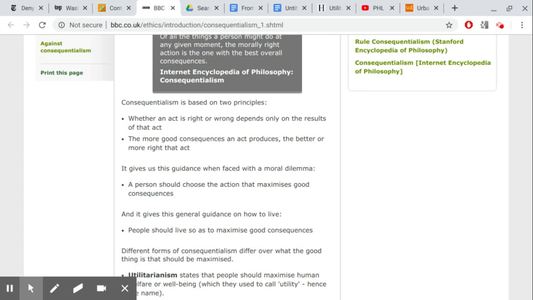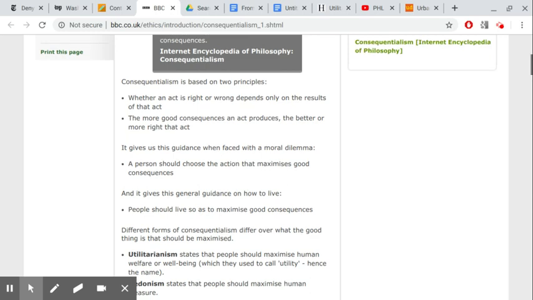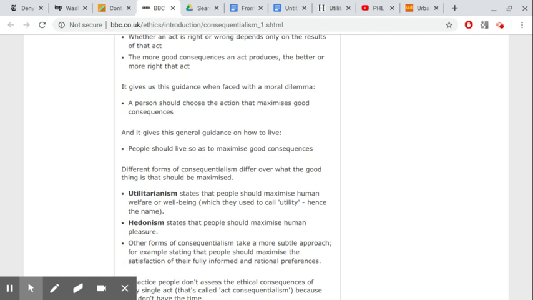It's the most obvious thing in the world that we should care about the results of our actions. The only thing we would have to specify is that we should care about the results both on ourselves and on other people.